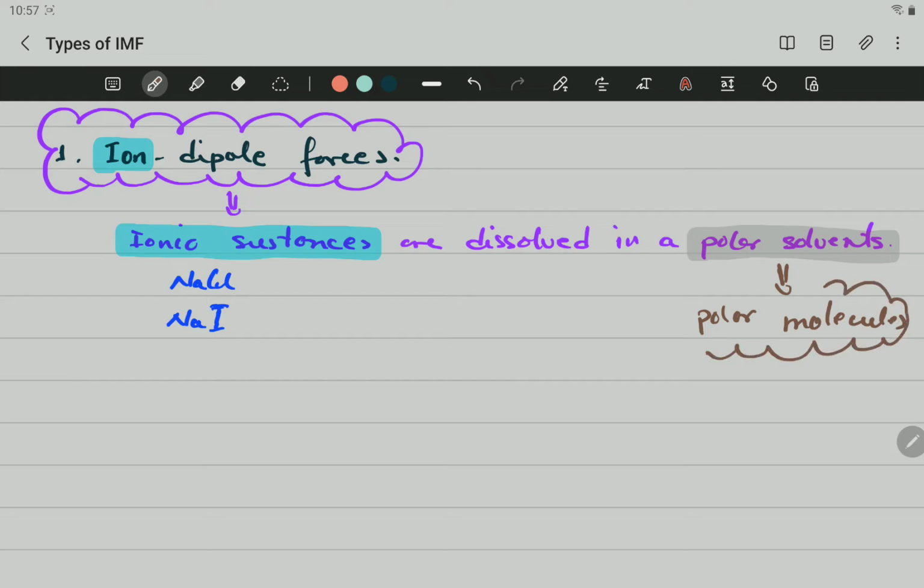So ion-dipole forces happen between ions and polar molecules.